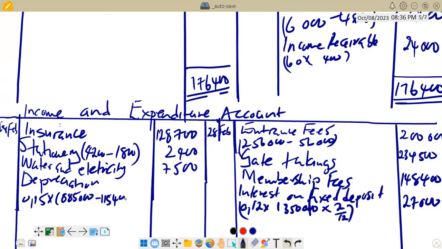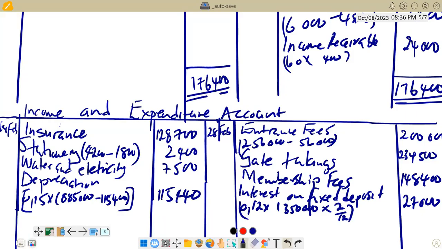So this is the calculation. And if you do that correctly, you are going to get 115,440. So this is the calculation there on depreciation.